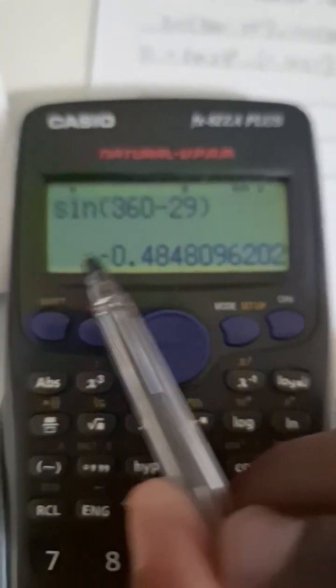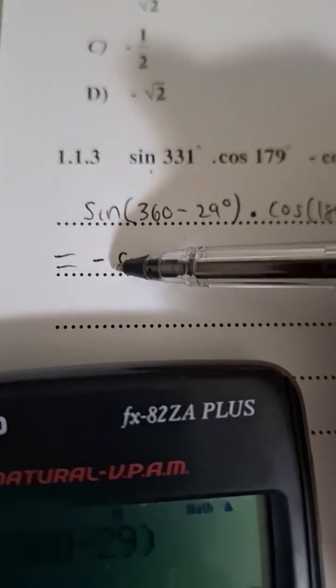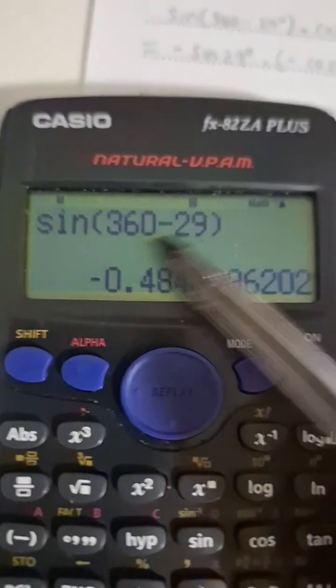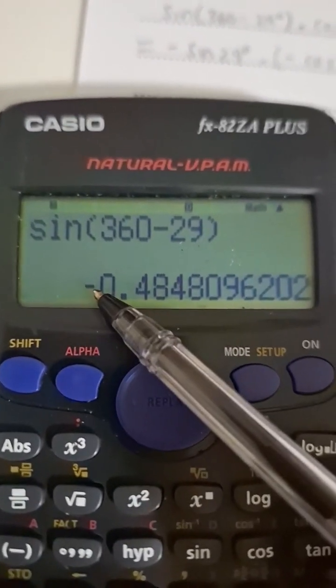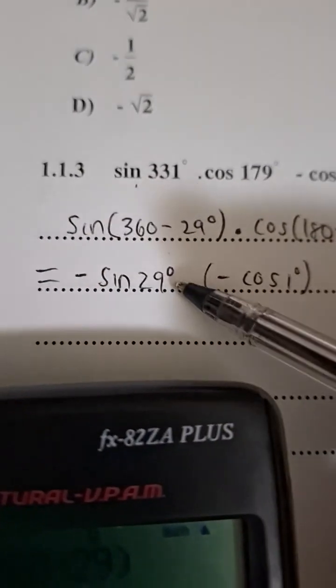Obviously you don't want this numerical value. You just want to determine what the sign is. So that's why we say this is negative. You can either use the cast diagram: sine 360 minus is in the fourth quadrant, how is sine? It is negative. Or you can just punch this into your calculator. You will see the sign from the numerical value. Here we can see it's supposed to be a negative answer.